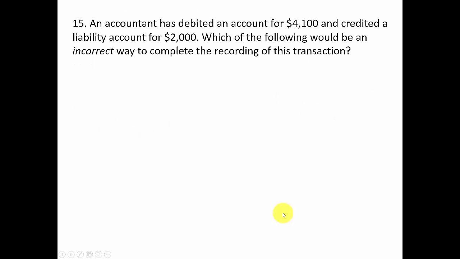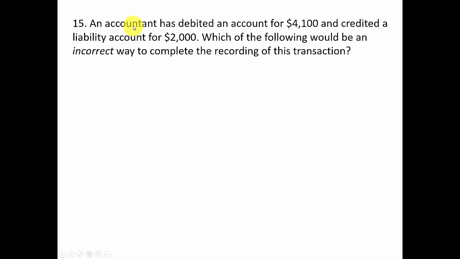Number 15. An accountant has debited an account for $4,100 and credited a liability account for $2,000. Which of the following would be an incorrect way to complete the recording of this transaction? Here's what you need to know.